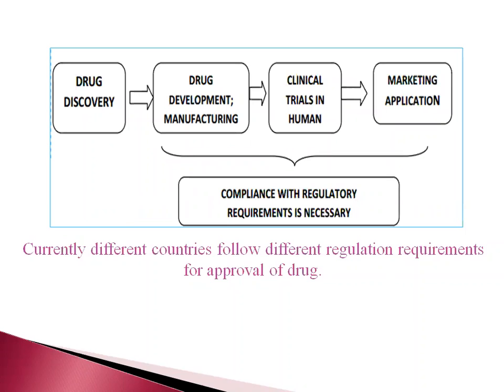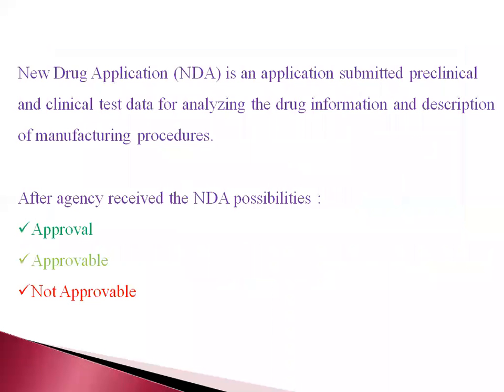Currently, different countries follow different regulatory requirements for approval of drugs. Next is the new drug application. Once a drug has its preclinical as well as clinical study reports and is safe for use, we can file a new drug application to the regulatory agencies, and they will approve it if it is found okay for human use for a specific therapeutic application.